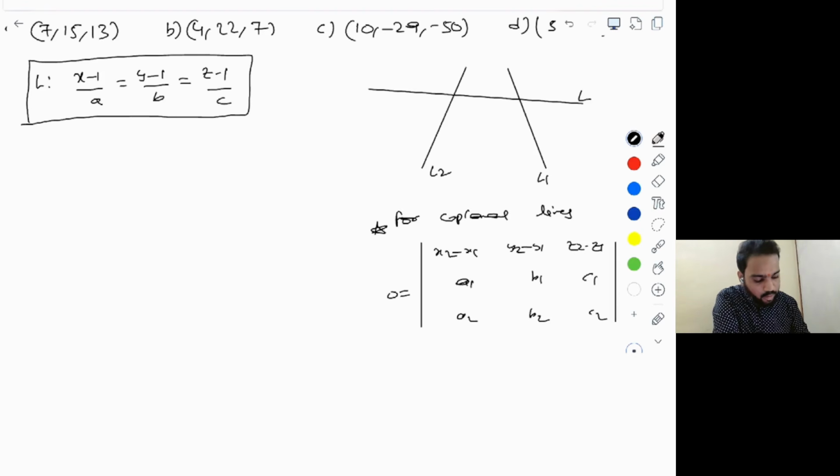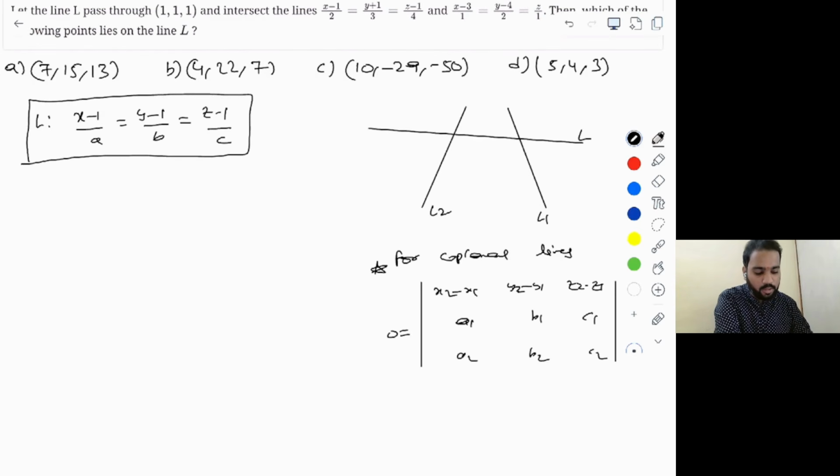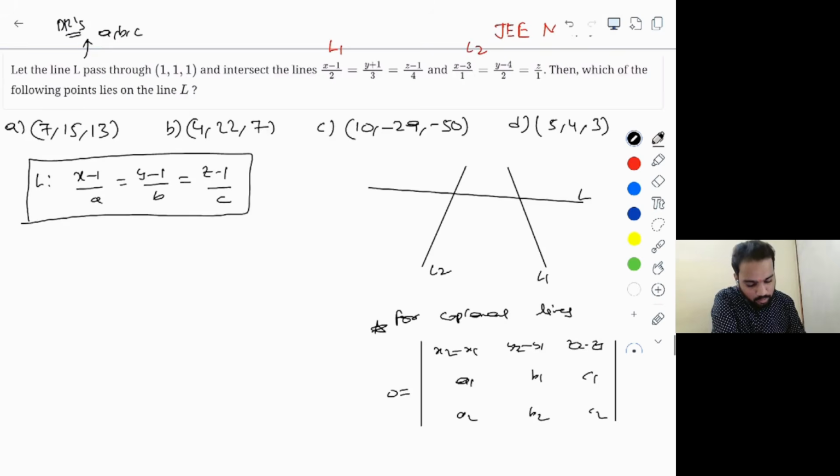And this is the property for two coplanar lines, or also we can say intersecting lines, because intersecting lines are always coplanar, right? And that is the thing that I'm going to do in this question, because here L1 and L are coplanar because they are intersecting. Now by looking at the line L1 and L, I'm going to use this property. So observe very carefully.